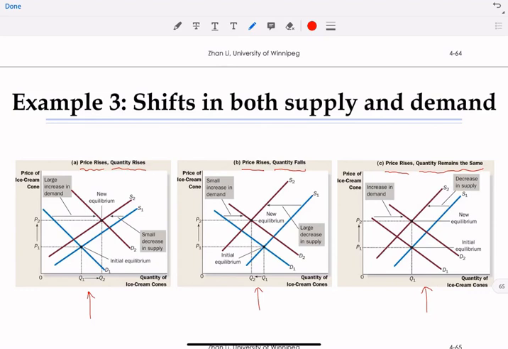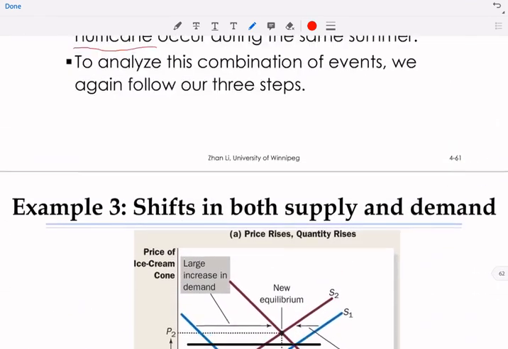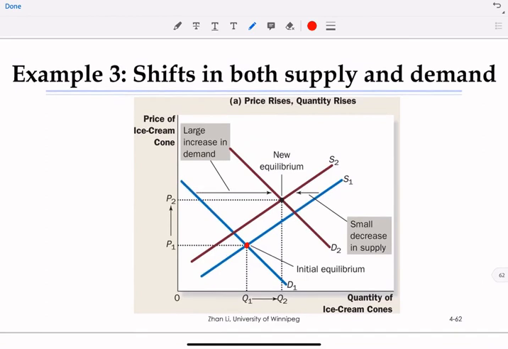In this example, you're certain that price will increase, but you're uncertain how quantity will change, right? Now let's see why you're getting this kind of result, right? So let's go back to our analysis here.